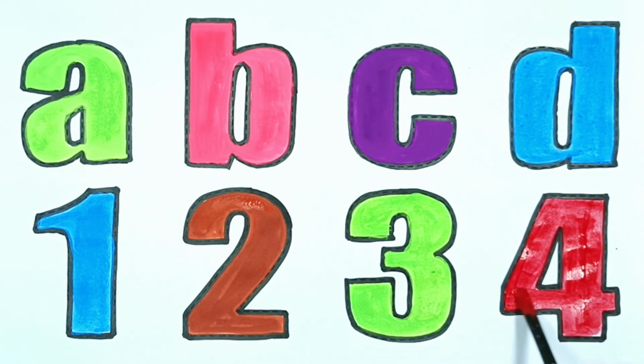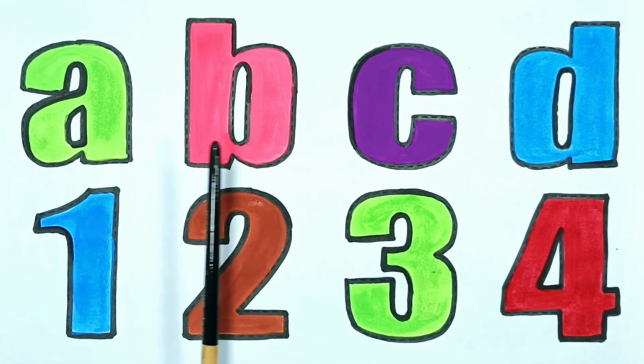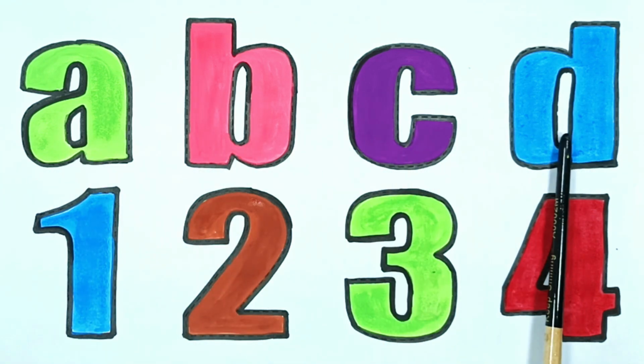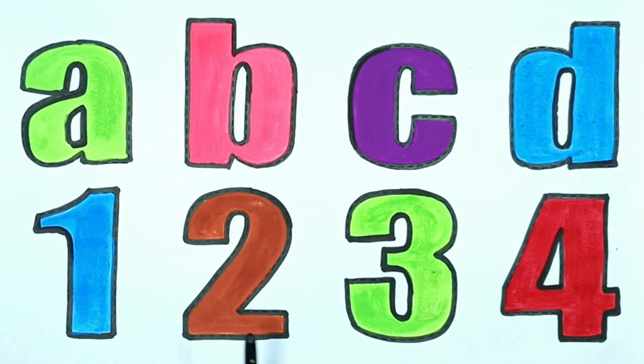Four cozy blankets wrap. A, B, C, D. 1, 2, 3, 4.